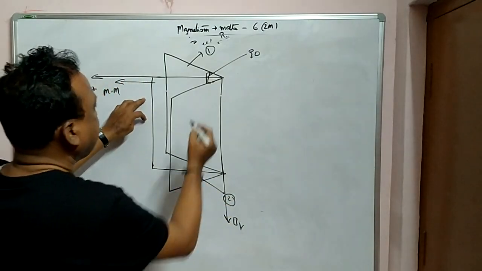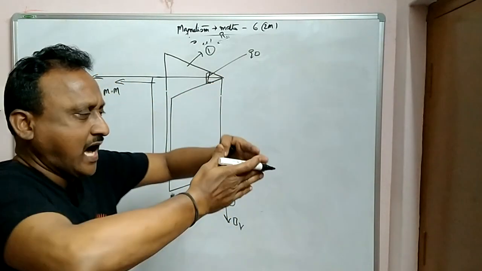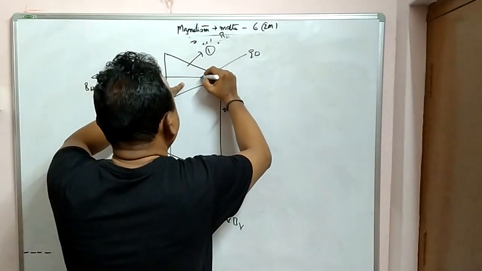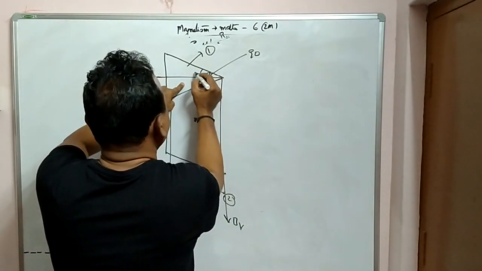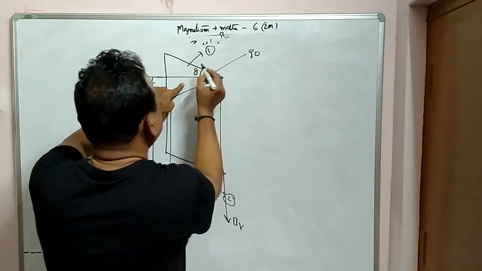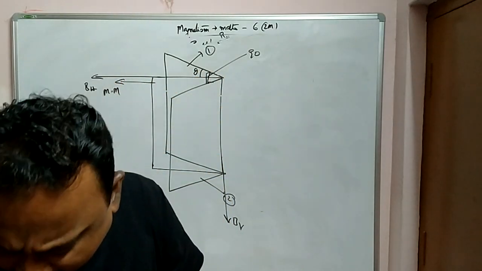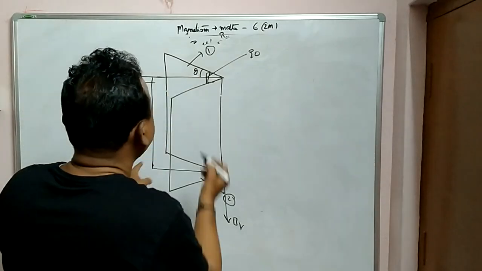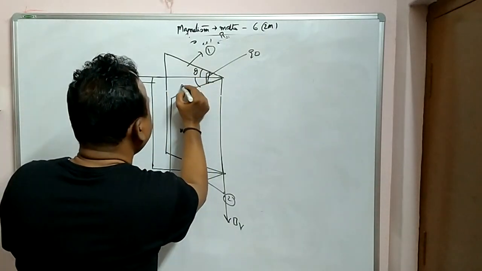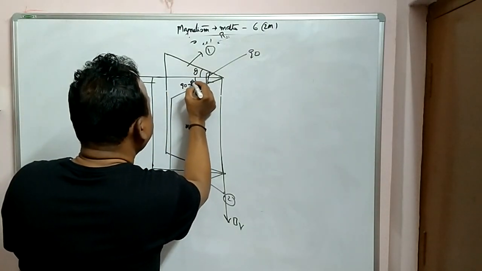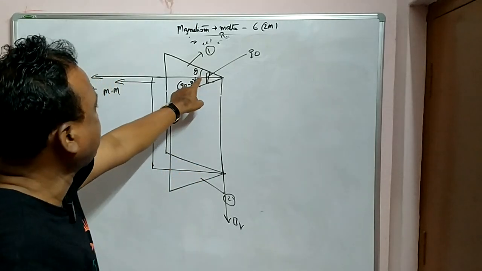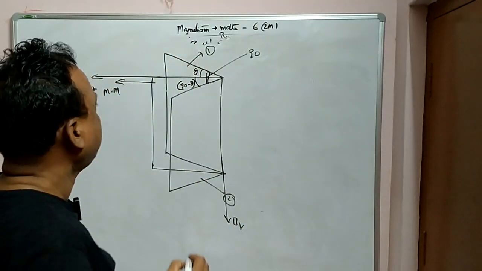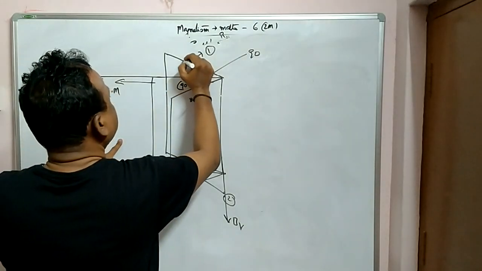Now suppose the angle between those two planes is given as 90. Suppose this angle is some theta. Let us assume some angle theta or alpha. Suppose this is theta, what happens to this angle now? 90 minus theta. Let us assume this plane makes theta with the horizontal, then this becomes 90 minus theta. Now what about this component?